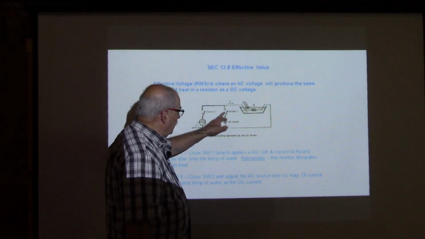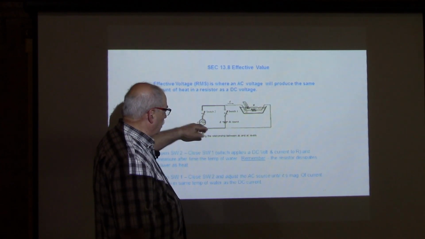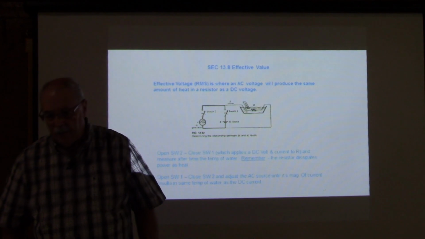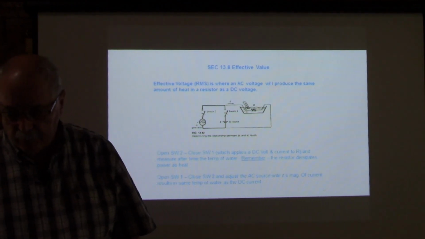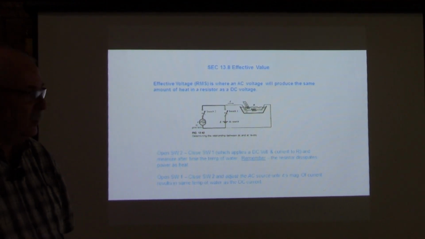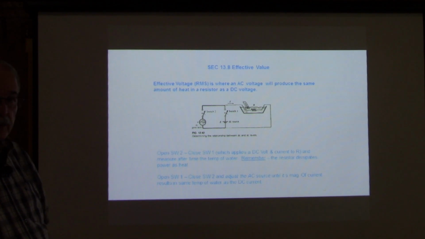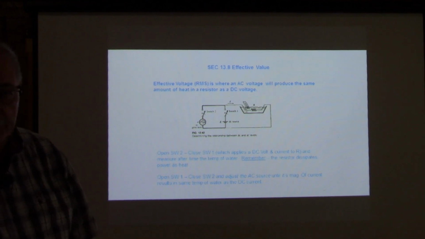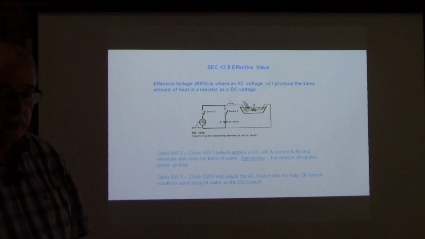This one's the AC supply, it stays open. This applies current to the resistor, and as we know, the power is I squared R. As the current is flowing through that resistor, it starts to heat up, and that's the power dissipated.